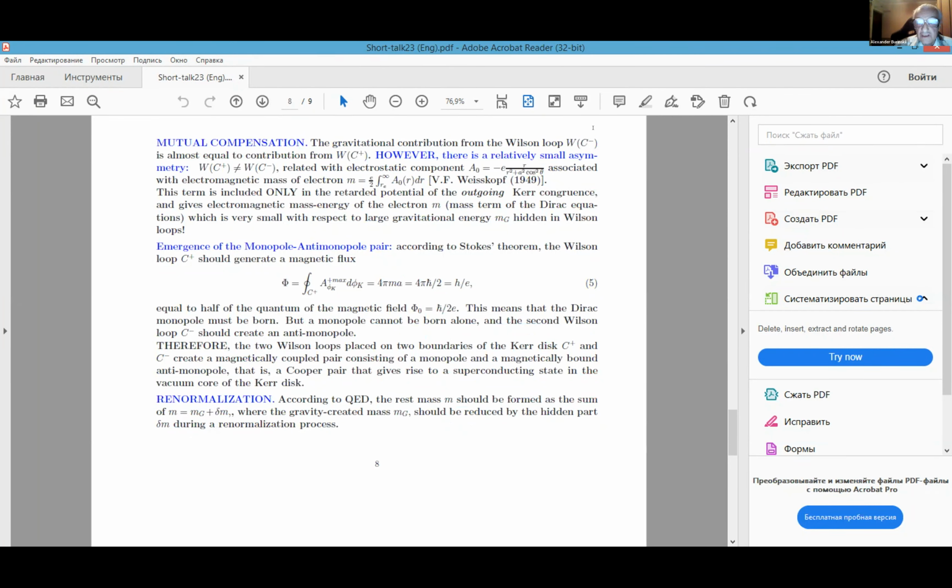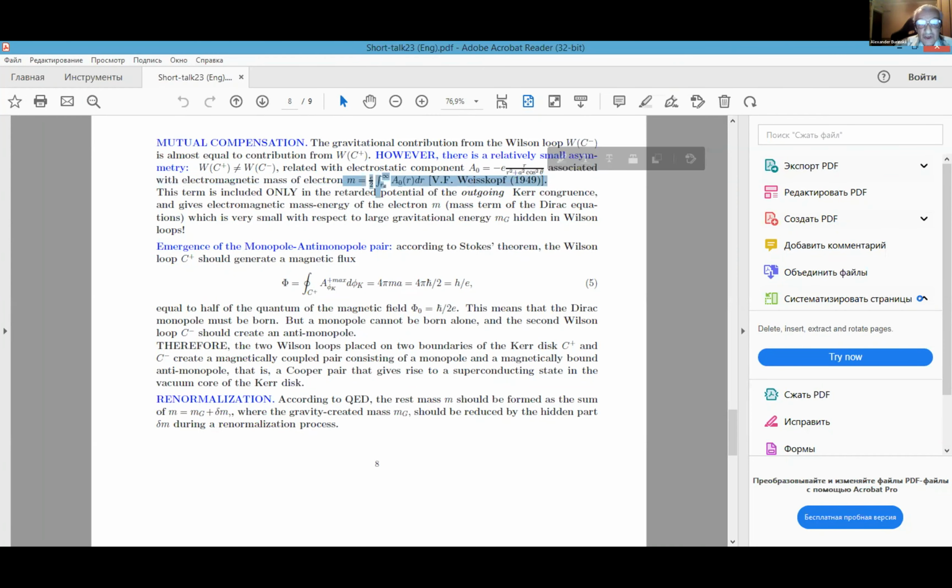The gravitational contribution from the negative Wilson loop is almost equal to, and compensated by, the contribution of the positive loop. However, there is a relatively small asymmetry, equal to the electrostatic component, because it is associated with the electromagnetic mass of the electron, usually described by this expression.